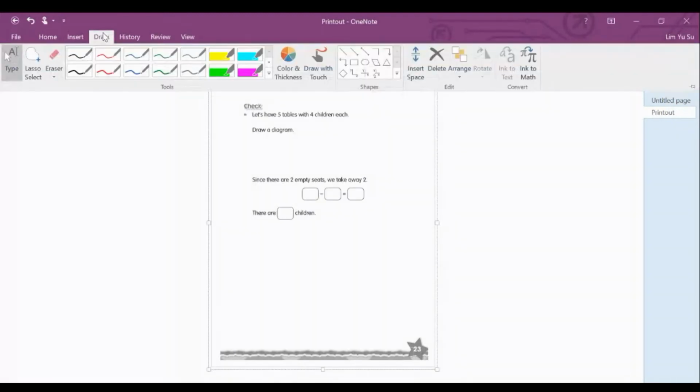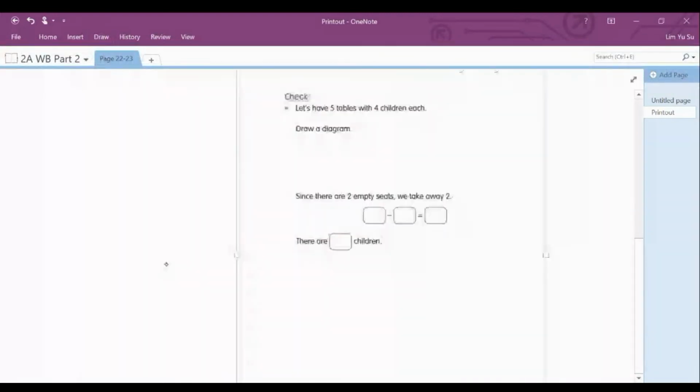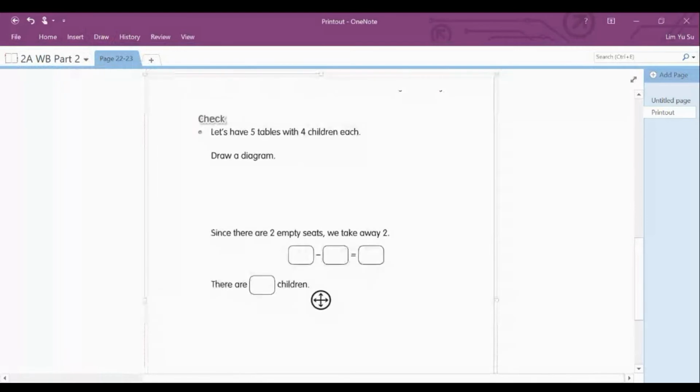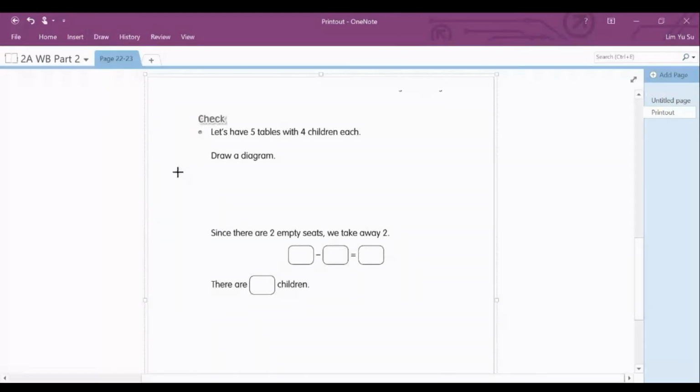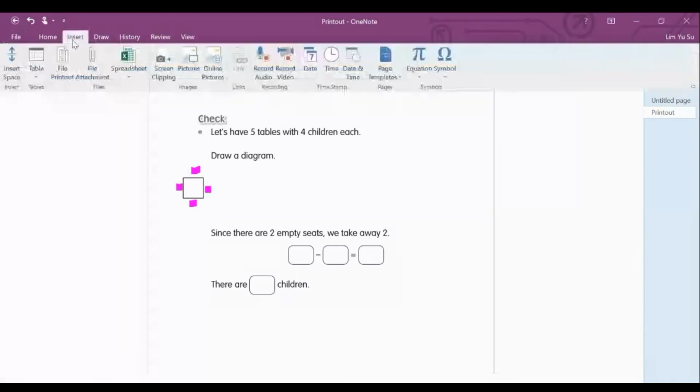Let's say we have 5 tables with 4 children each. I'm going to draw the diagram, and this time around I'm going to draw 5 full tables. That means for each table that you draw, they are actually full. So for this table, it is full. 1, 2, 3, and 4. So this is a full table.